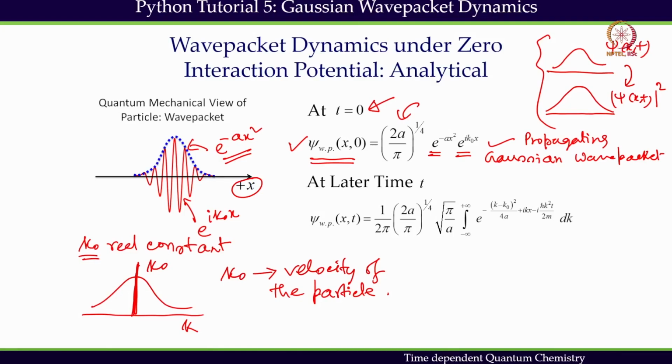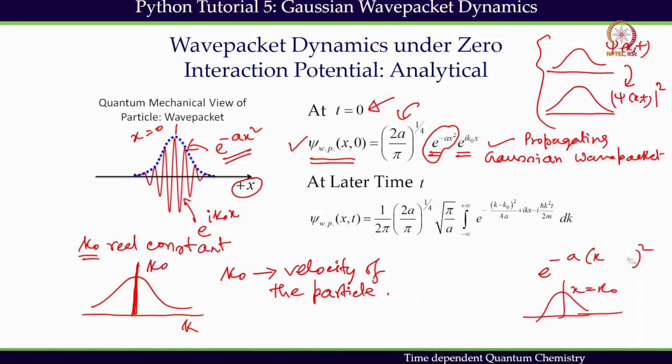Another thing we remind here is that the way we have taken this envelope function, e to the power minus a x square, this function is centered at x equals 0. If it were e to the power minus a, x minus x naught, whole square, this would be centered at x equals x naught.